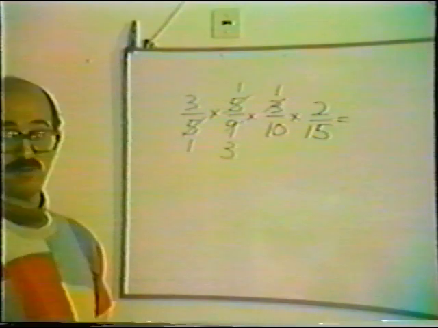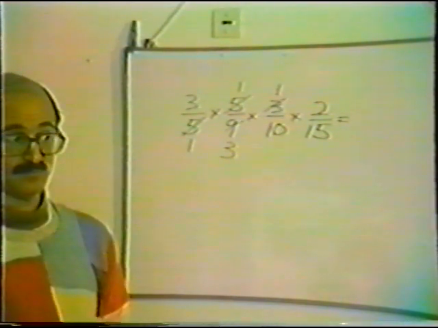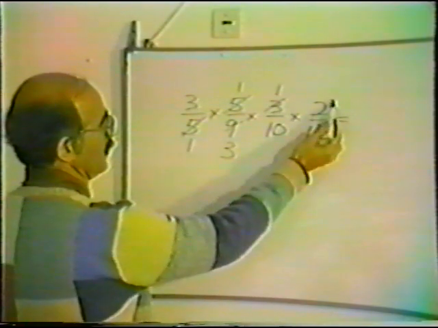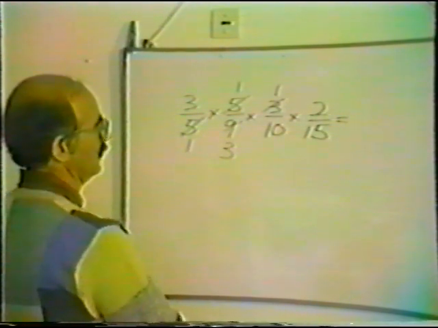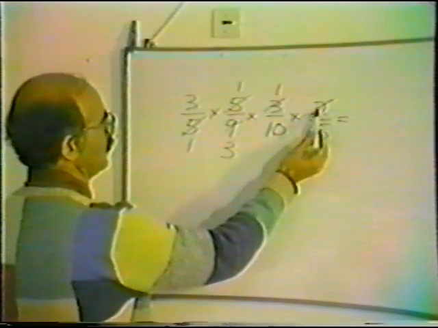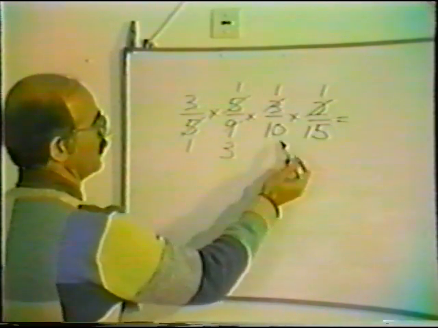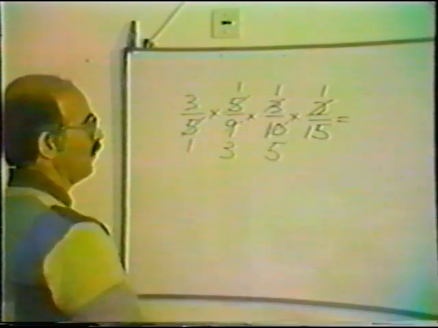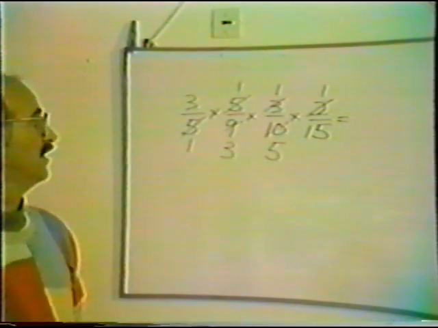What's another pair of numbers we can cancel? 2 and 10. Hit them with what? 2. 2 into 2 is? 1. 2 into 10 is? 5.